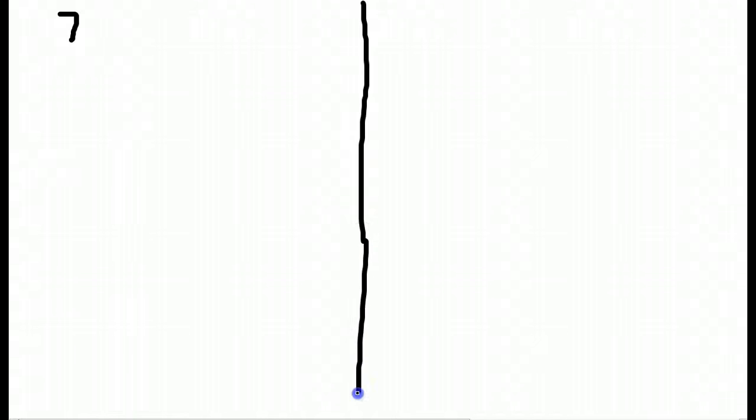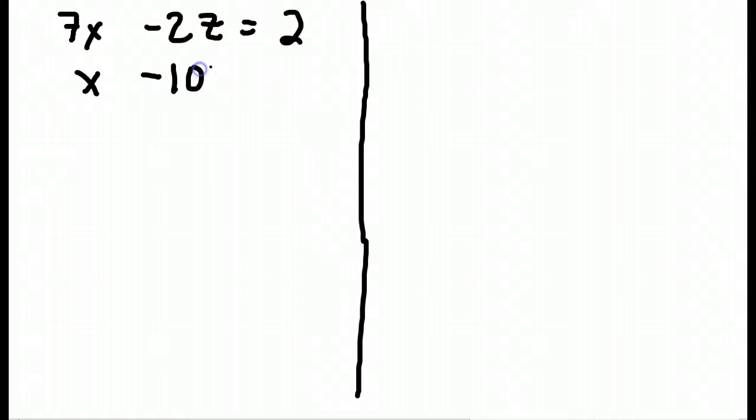So now we have 7x minus 2z equals 2, and negative 19x minus 10z equals negative 98.